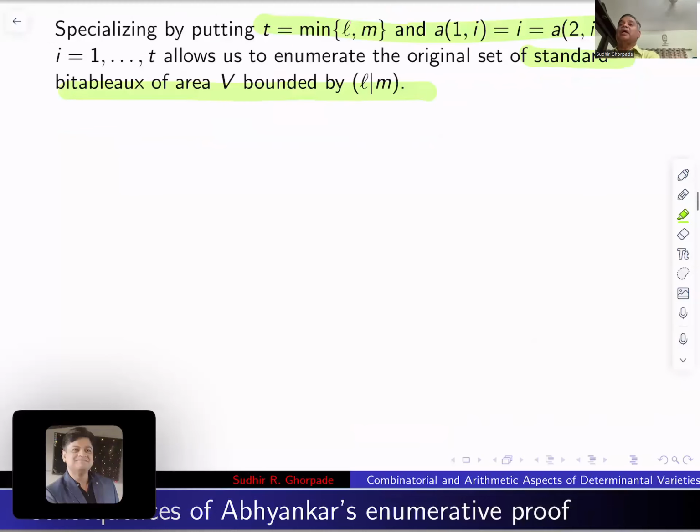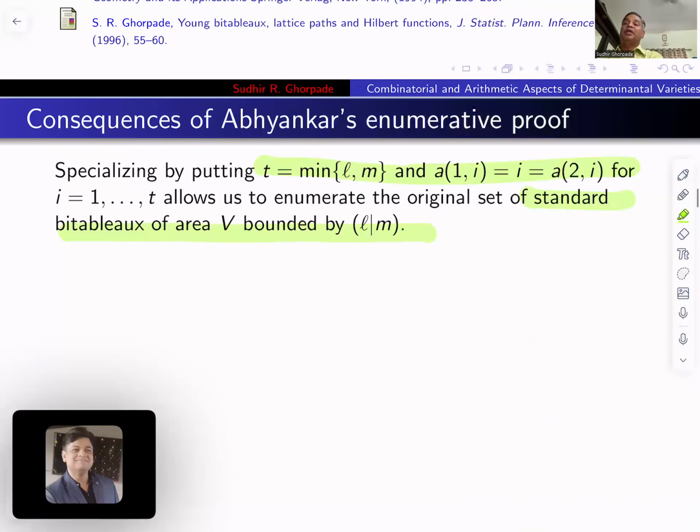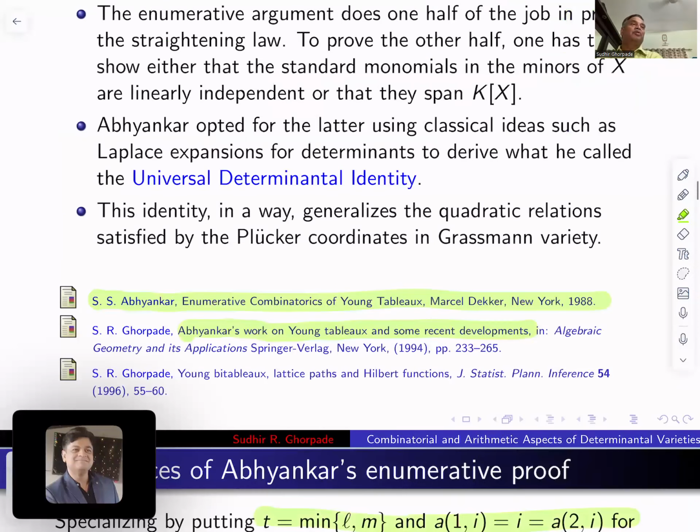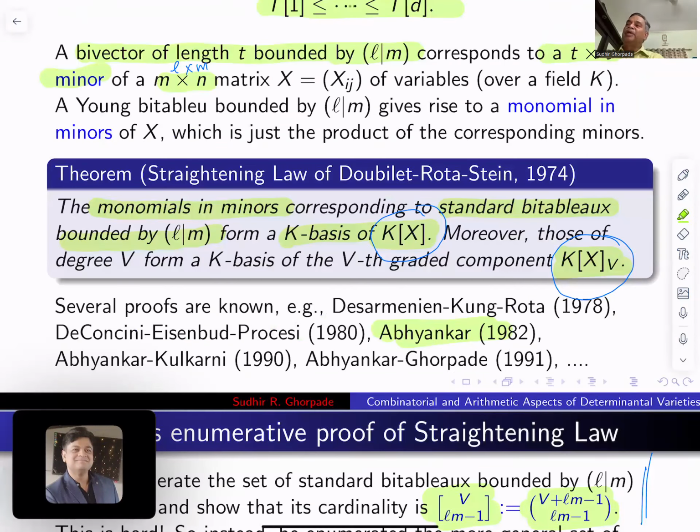Right. So Abhyankar, as I said, was quite fascinated by this straightening law, and he wanted to understand it in his own way. So he set about giving an enumerative proof of the straightening law.